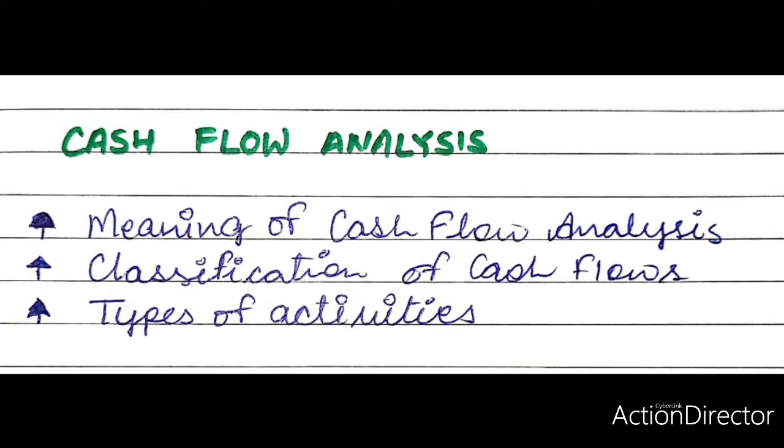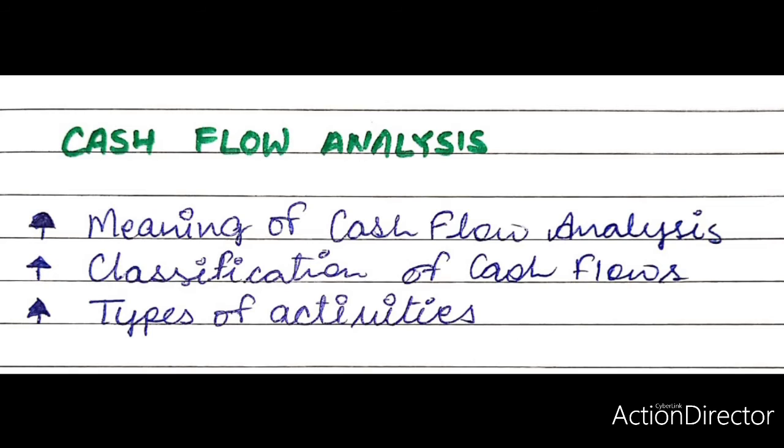Classification of cash flows. As explained earlier, cash flow statement indicates the inflows and outflows of cash during an accounting period. Hence, it is essential to know about the various items of sources of cash or inflows of cash and uses of cash or outflow of cash.